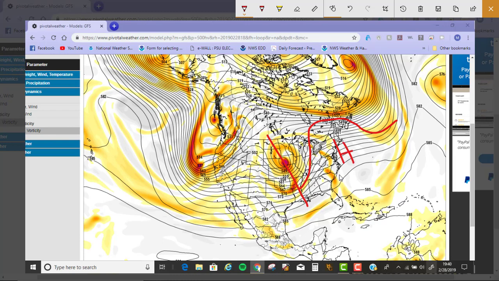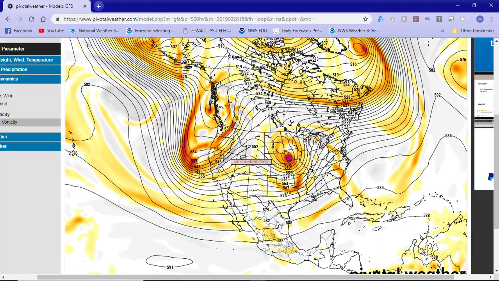So you know that you should have high pressure. It should be warmer. I can't draw. Warmer. It's cold up and through here. All right. So on and so forth. All right. So that's how you use your upper level maps.